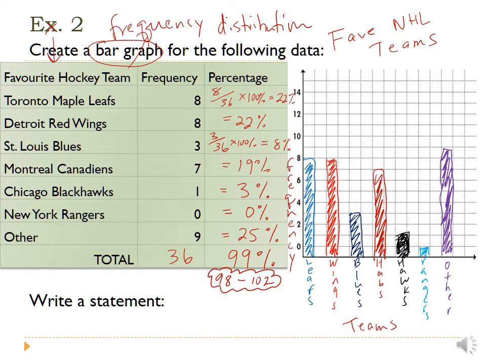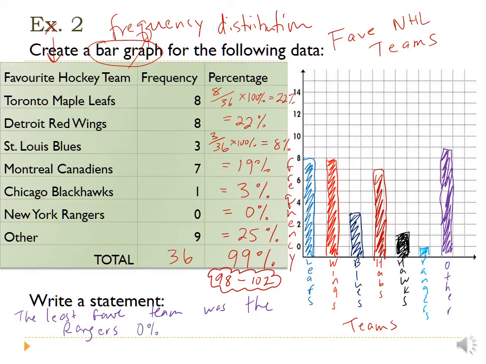Doesn't really matter. I'm just going to keep it simple here, and I'm going to say the least favorite team was the Rangers. And a good thing to do, like a level 4 response for this, is actually writing the percentage.